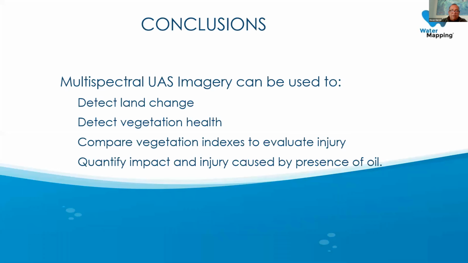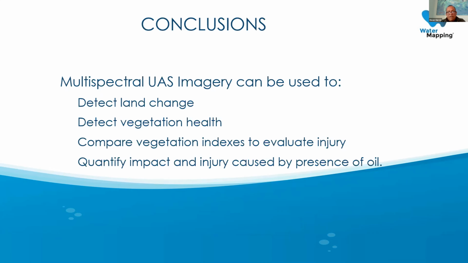Using that, I was able to compare land change before and after. Using UAS multispectral imagery, we can also detect vegetation health, compare vegetation indexes to evaluate injury, and quantify the impact and injury caused by the presence of oil.